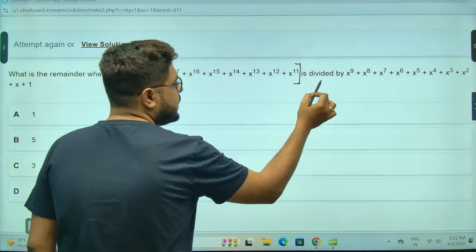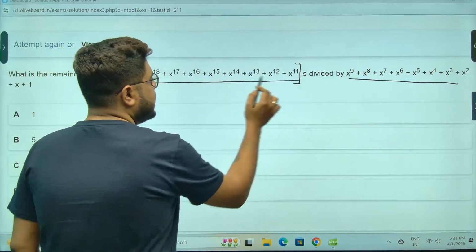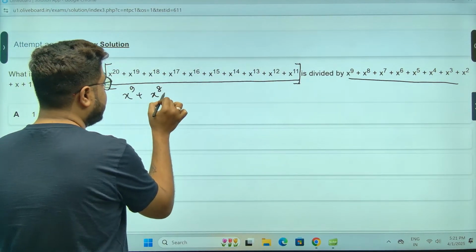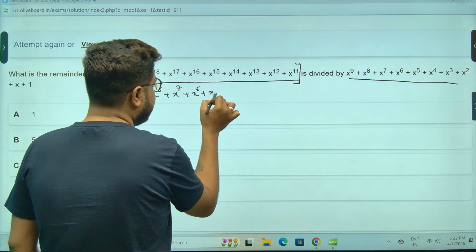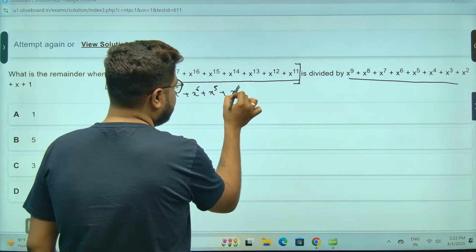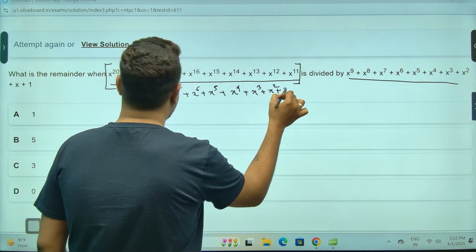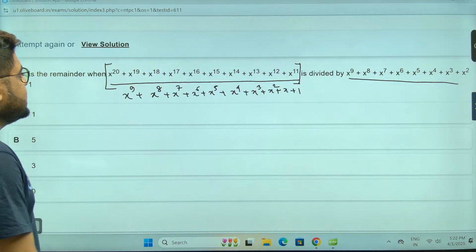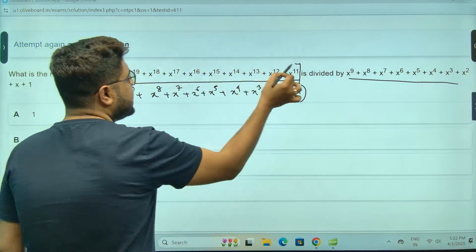I need to divide this by, sir, this. Let's write it here: x to the power 9, x to the power 8, x to the power 7, x to the power 6, x to the power 5, x to the power 4, x to the power 3, x to the power 2, x to the power 1, plus x to the power 0, sir. If you can see here, the highest power is 20, the lowest power is 11.